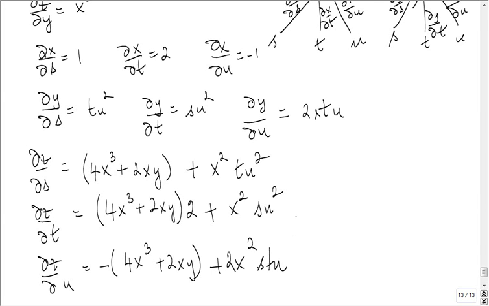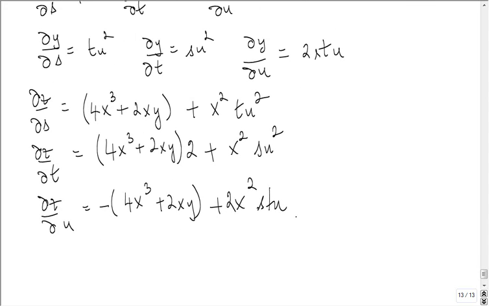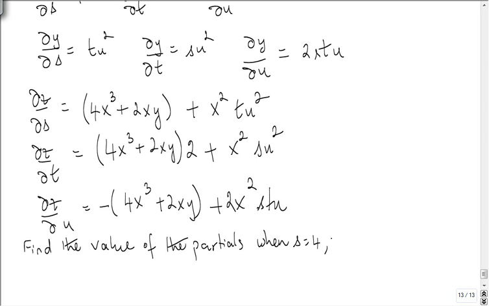All right, so let me go a little further with this. You have found the partials, so I would ask you, find the value of the partials when s is 4, t is 2, u is 1.